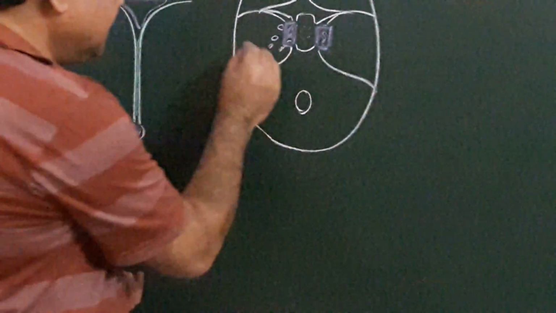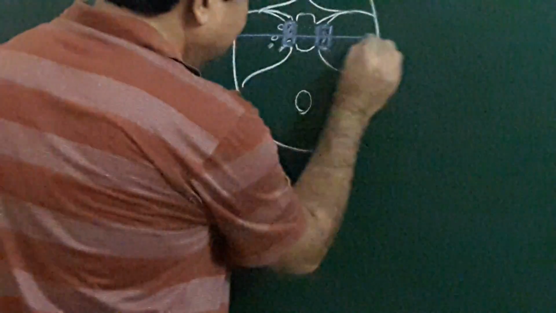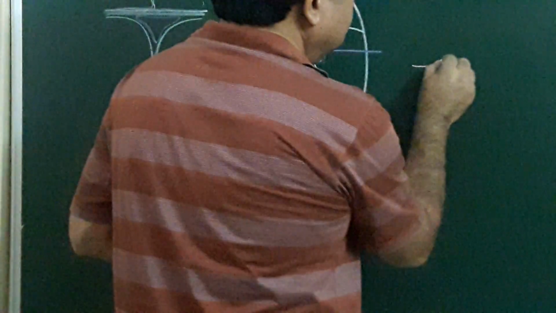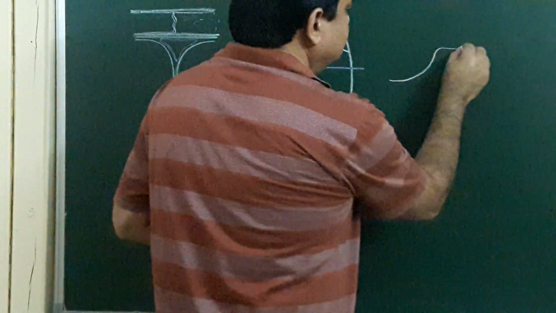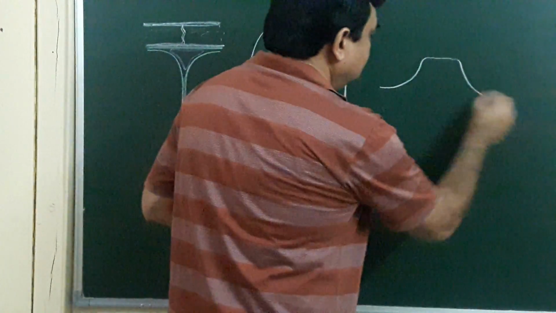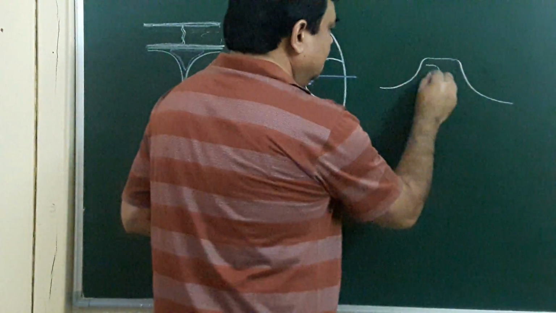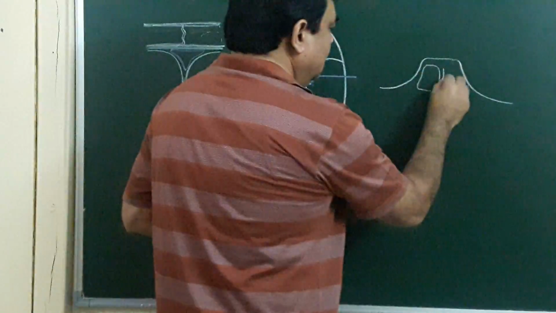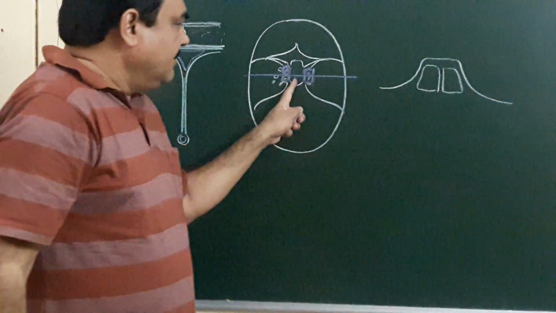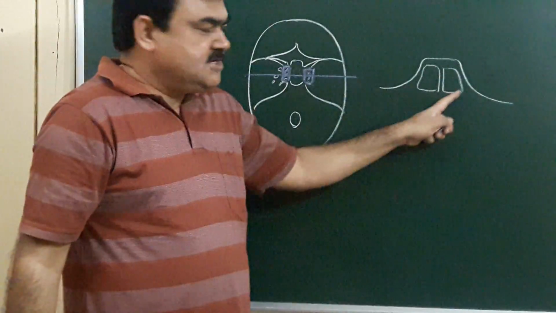If you cut a transverse section like this, you will find this is the body of the sphenoid.